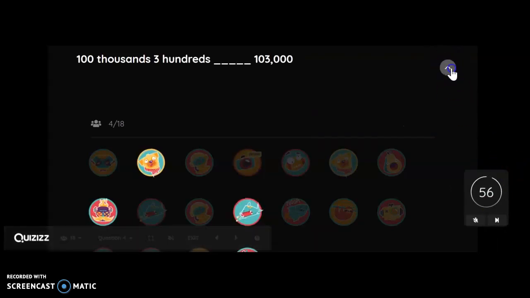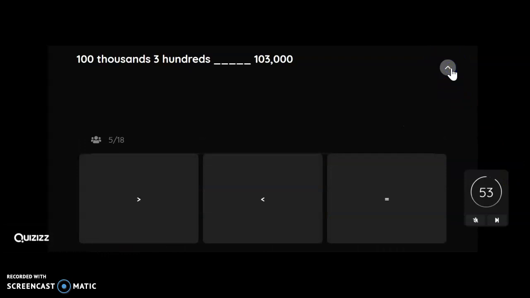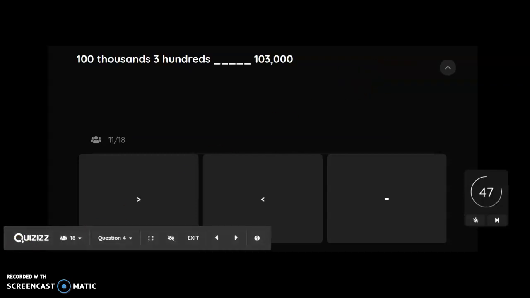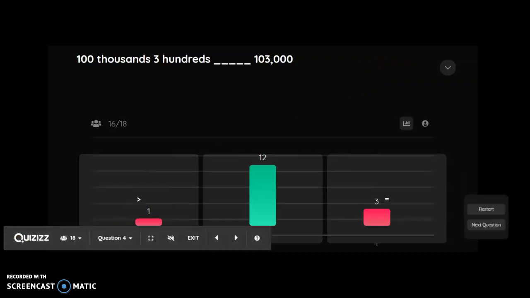Next question. Pay attention to what the standard form of these numbers would be. 100,000s, 300s, and 103,000. Okay, let's think about this one. If I have 100,000s and 300s, why is that less than 103,000? Callie?